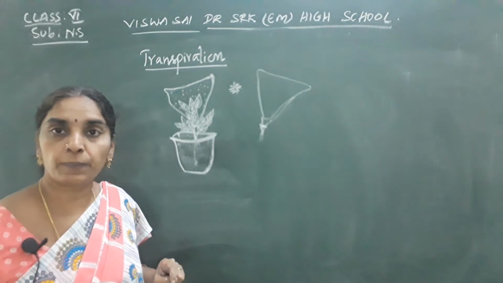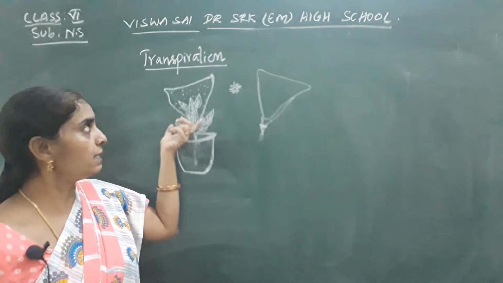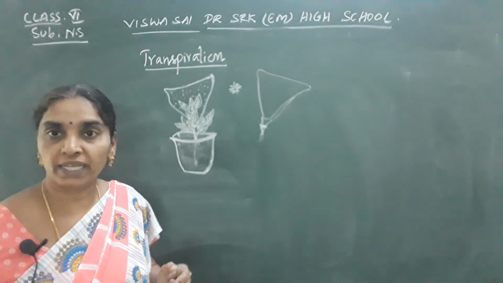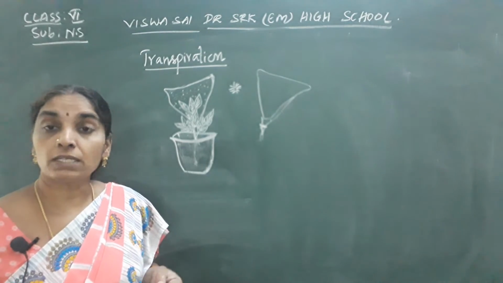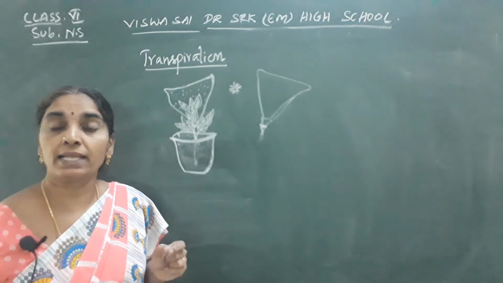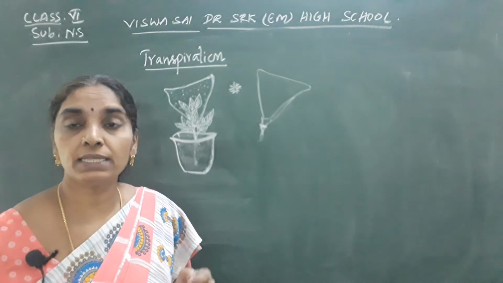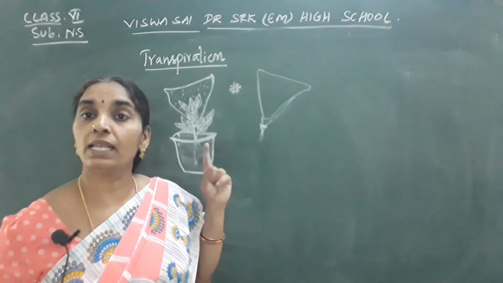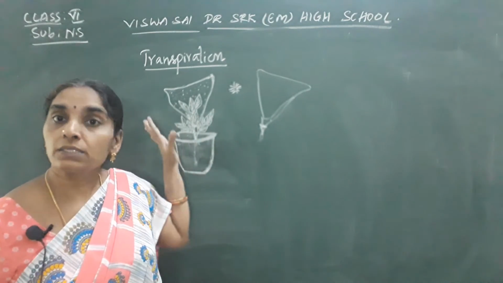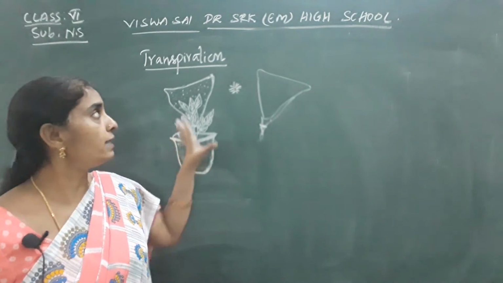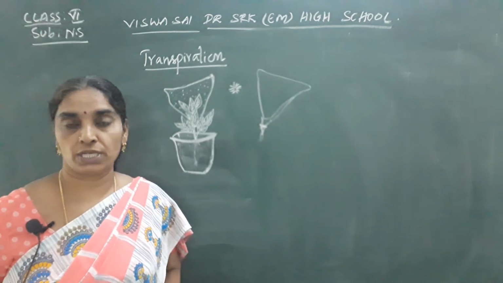So what is this experiment about, children? This experiment is about the transpiration process performed by the plant. Now what is transpiration? Excess water present in the plant body is released out in the form of tiny droplets. The process is called transpiration.